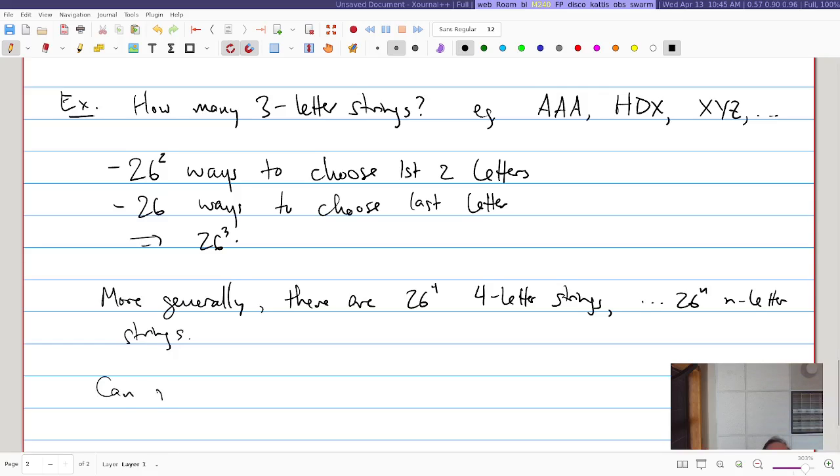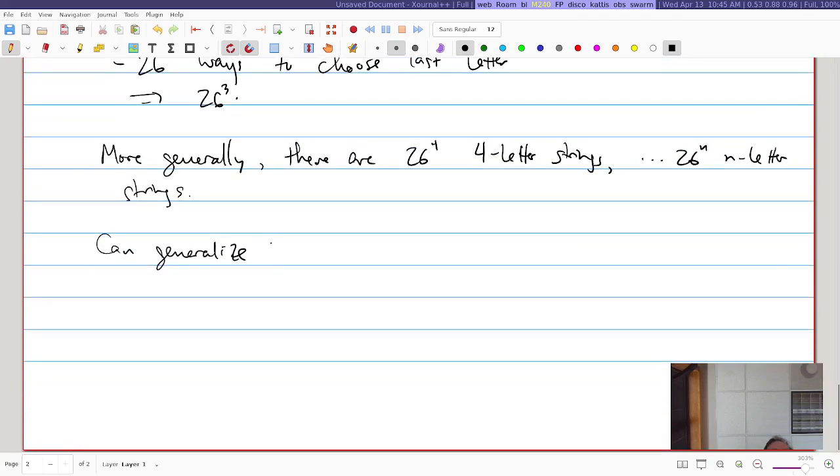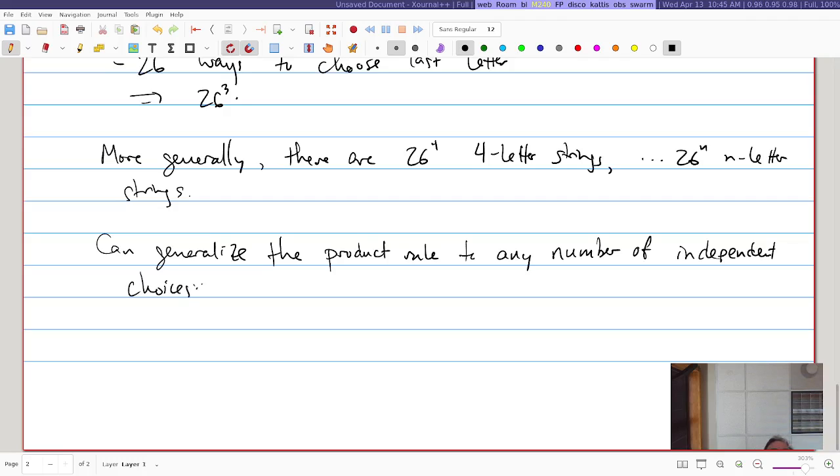And we can generalize the product rule to any number of independent choices. They still have to be independent. We just multiply them all.